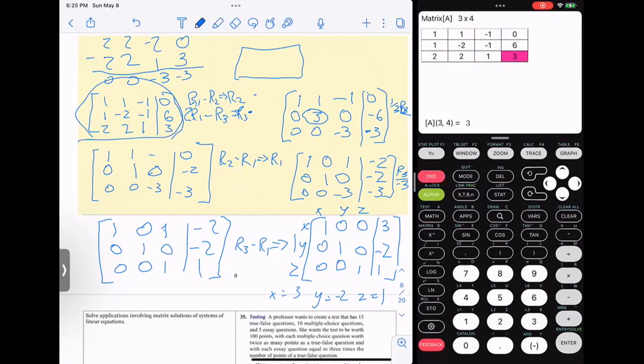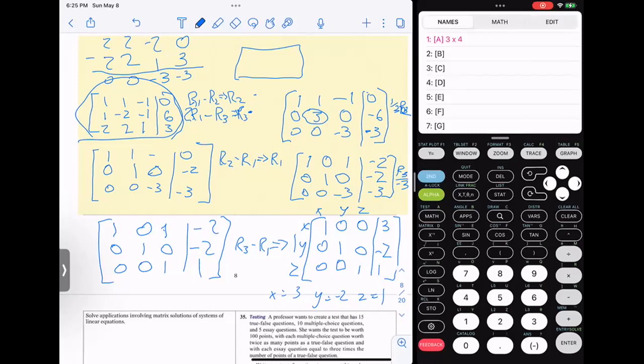So we go to second, we quit out, go back to our matrix, and now we notice that matrix A is full of values. We can go over to math and scroll down to RREF, which stands for reduced row echelon form. And then we can bring in our matrix A and press enter.